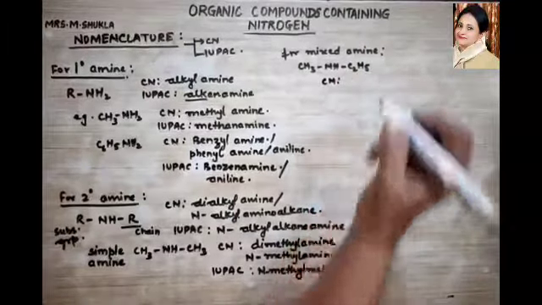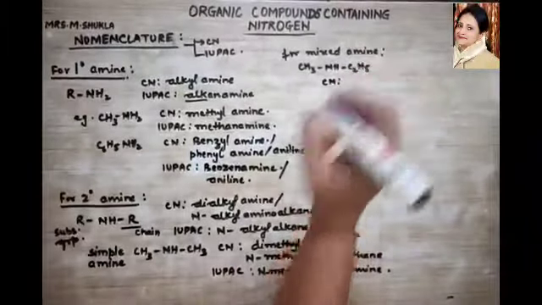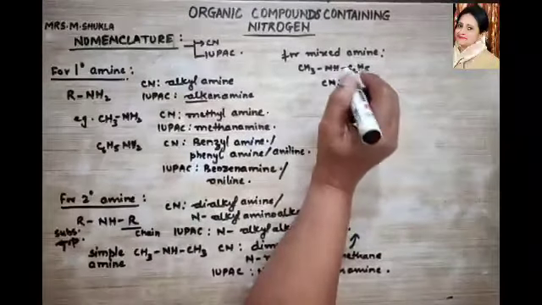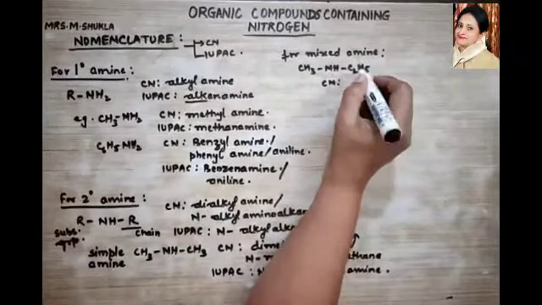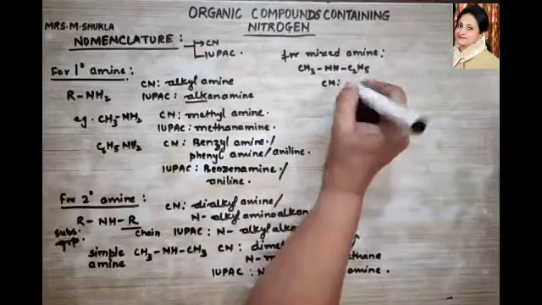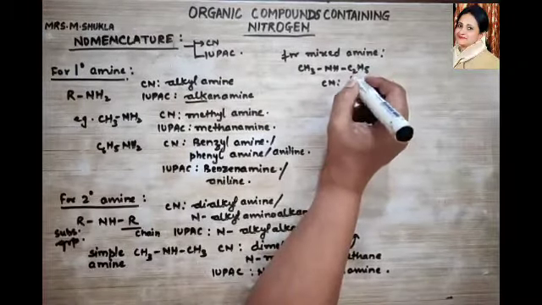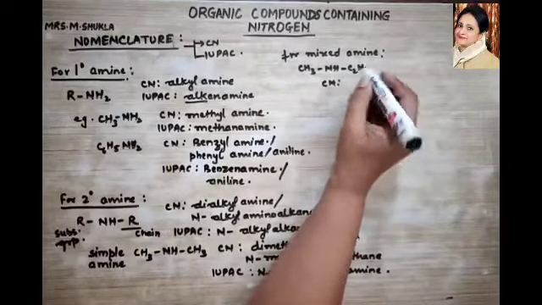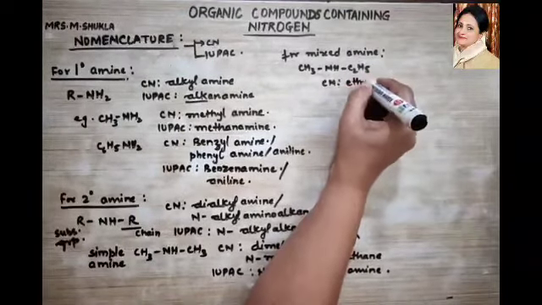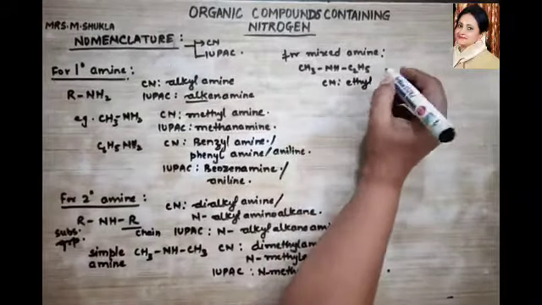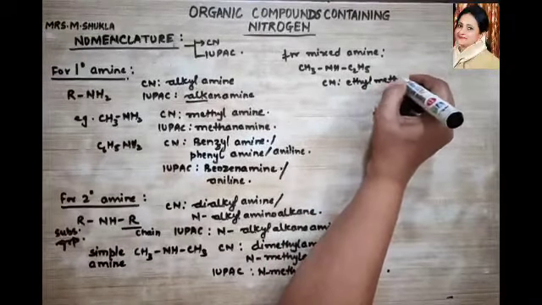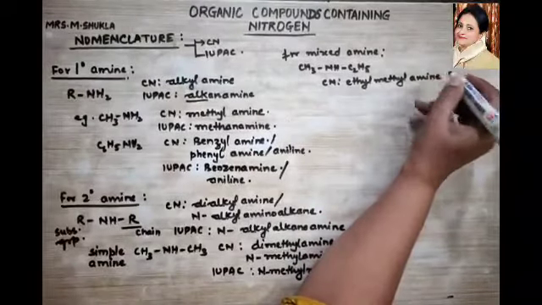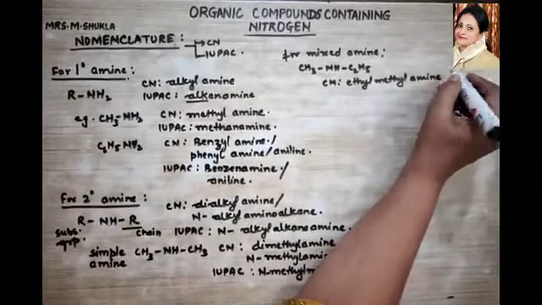Here you cannot use the word di because both the alkyl groups are different. So in common name we use alphabetical order first. Here it is the methyl group, and here it is the ethyl group. So ethyl, then methyl amine. This could be one way to write it.